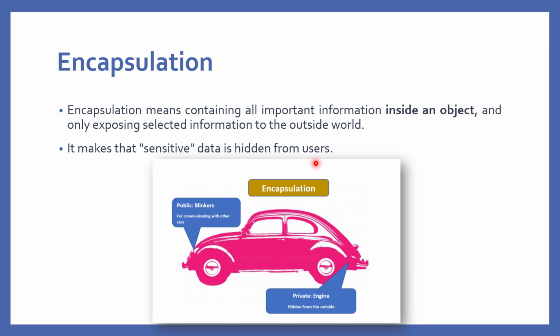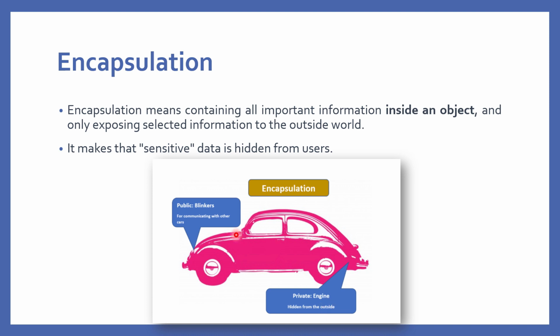We can understand this by considering the example of a car. Here you can see that we have blinkers. The blinkers of a car can be considered a public entity, which is used to communicate with the outside world, while the engine is hidden from the outside, so it can be considered private.